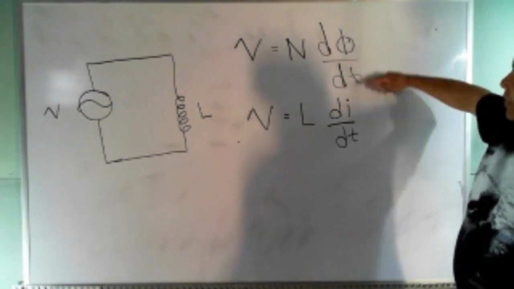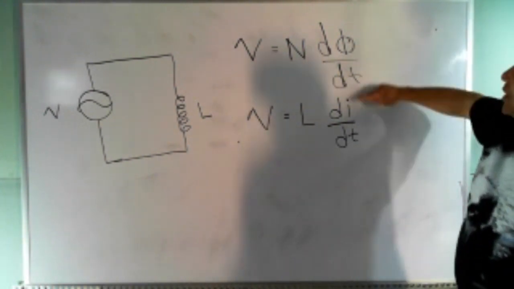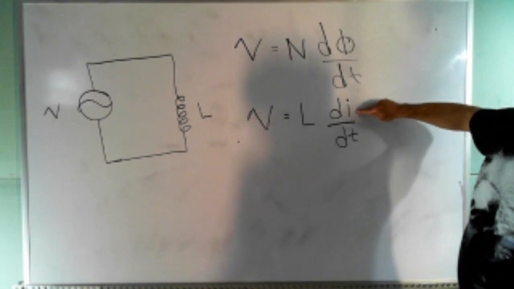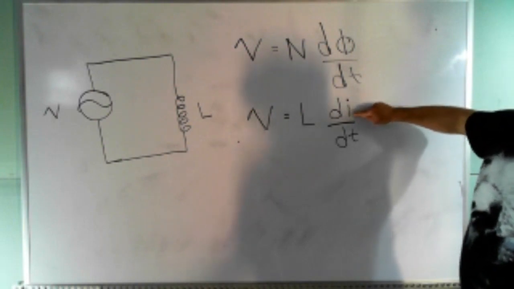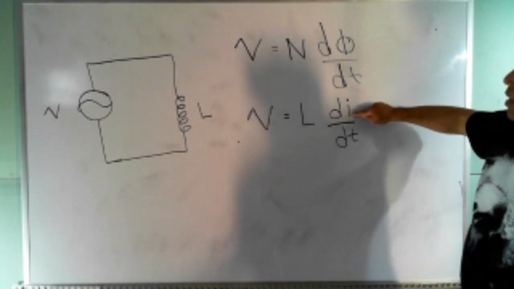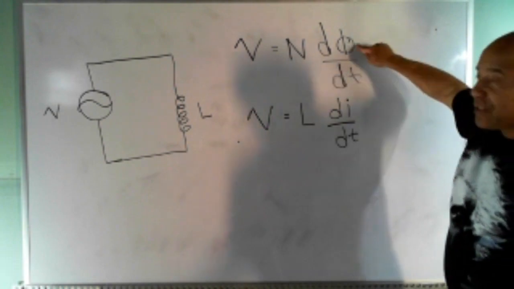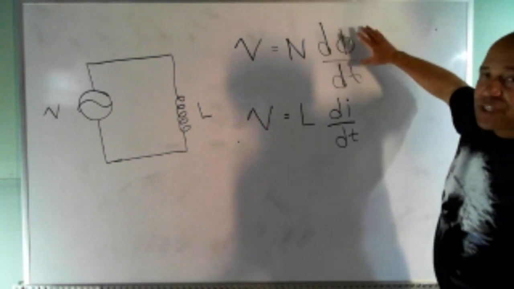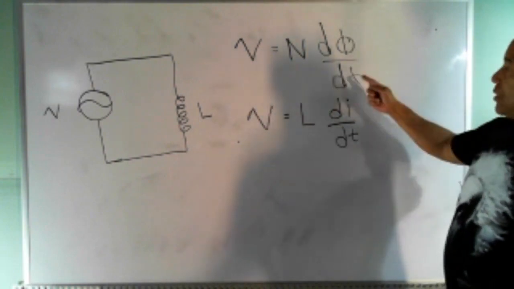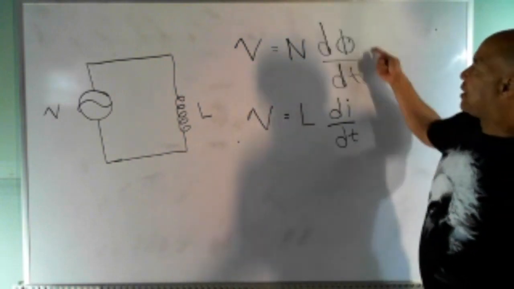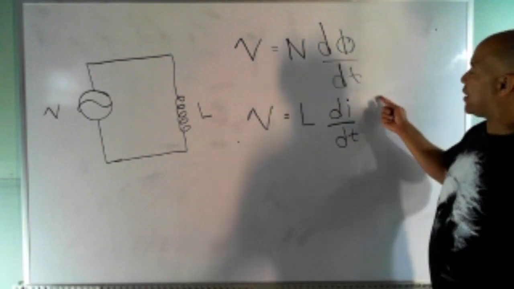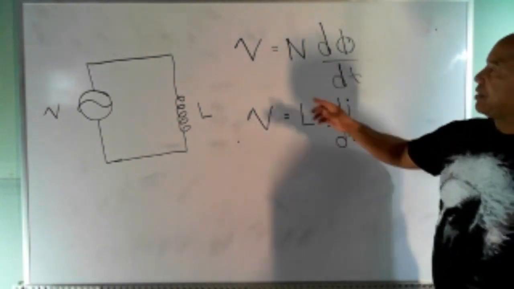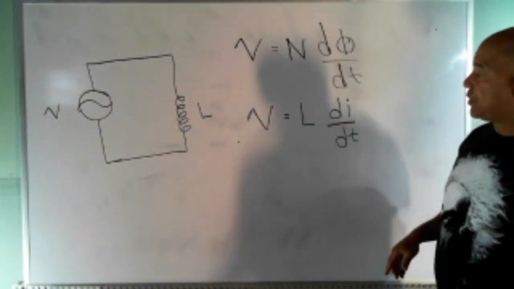This is current, that's flux, but flux is really created by current. So the fact I can write it this way should not be surprising at all, because the cause of this is that current. So the magnetic field is going to change like the current changes. So it doesn't matter if I look at how the magnetic field changes or how the current changes, it's still going to represent change in the final analysis.